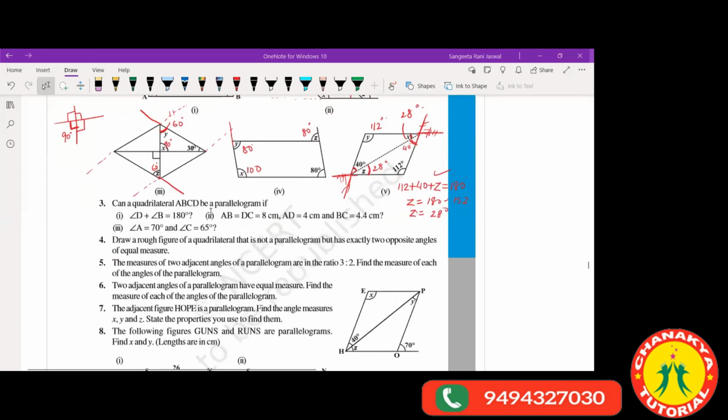Can a quadrilateral ABCD be a parallelogram if angle B plus angle D is 180 degrees? Just make a rough figure of the parallelogram in your notebooks. Please make a rough figure.